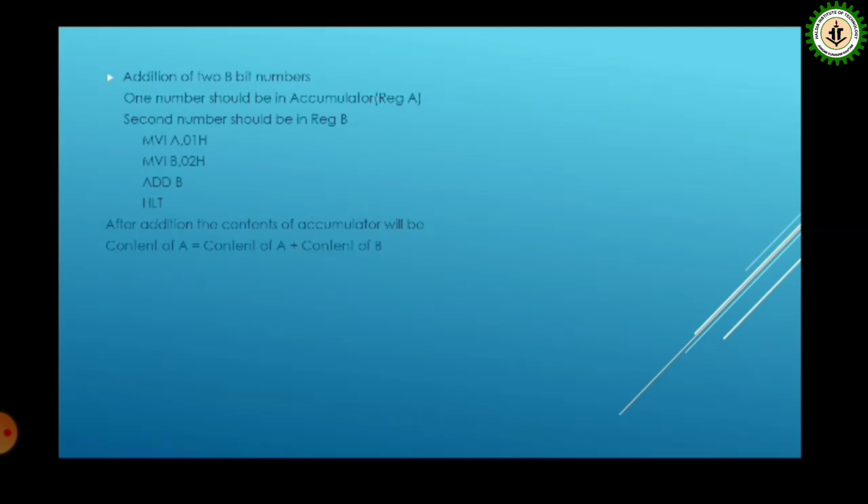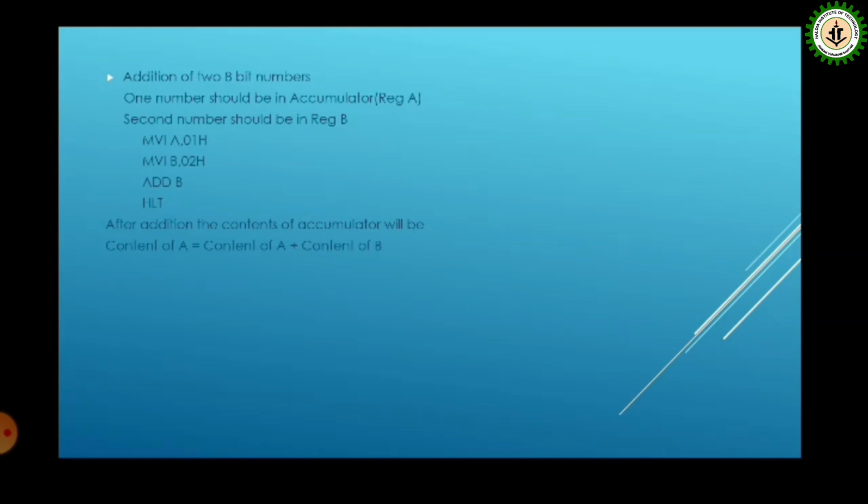So what I will do: I will write MVI A 01H, then MVI B 02H, then ADD B will add 01H and 02H and store the result into the accumulator, and then HLT, halt, means end of program. So how much space does that program take?